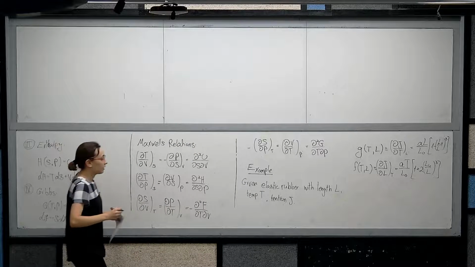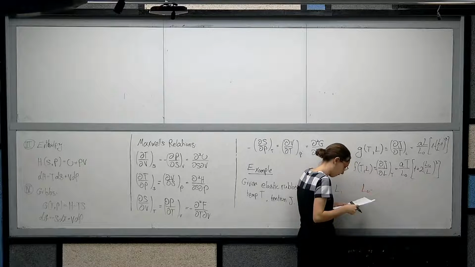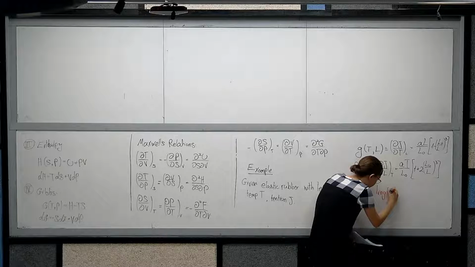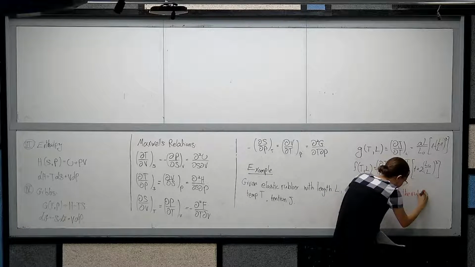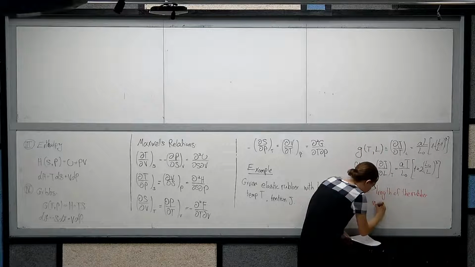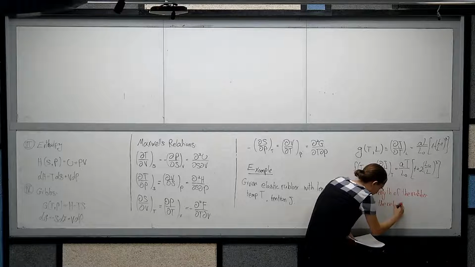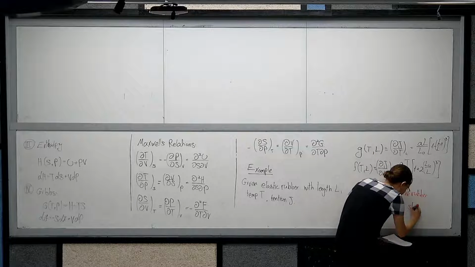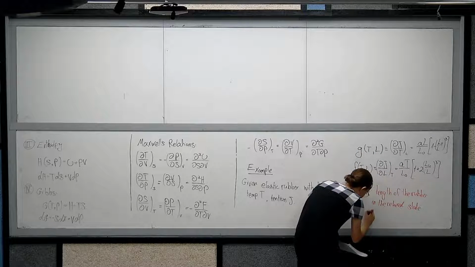Okay, and L0 is the length of the rubber in the relaxed state, and A is some constant.